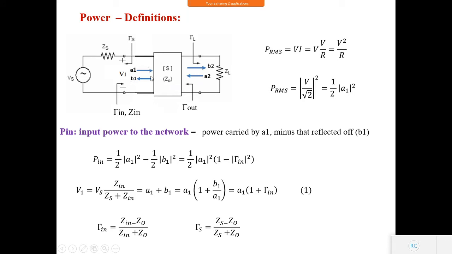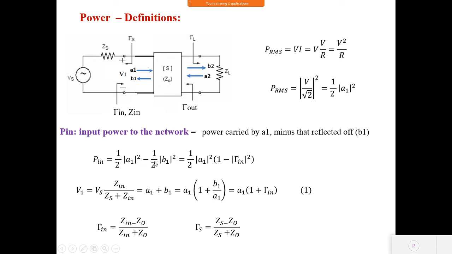So we have to subtract the outgoing power from the incident power A1. This is A1, you can calculate the power in A1, that is the wave incident at the input port of this network. That is given by this, the power incident to the network here at the input port.